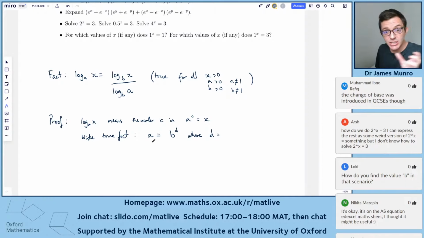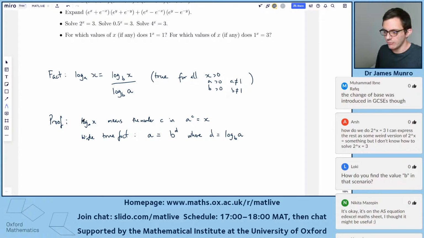I wanted to change the base here, from a to b. I kind of know that a is b to the power of d, and I can use logarithms to work out what d is supposed to be. It's supposed to be this. Okay, with me so far?